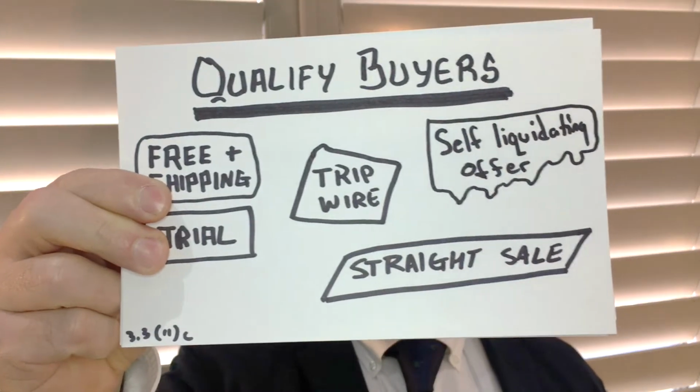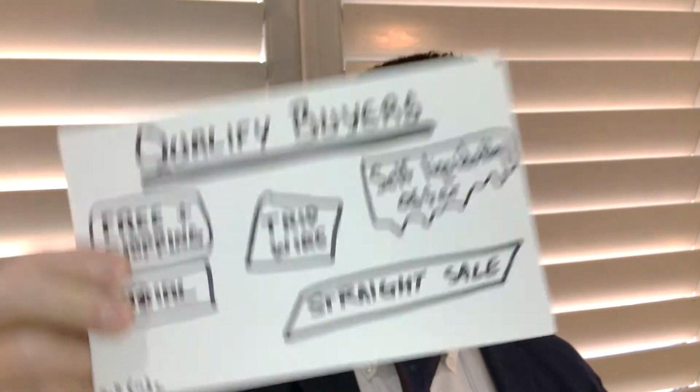Boom. So we want to qualify buyers in this phase by offering the free plus shipping. That's a fantastic one. A trial, 1 month for $1, and then automatically start to subscribe you after that. Tripwire is very similar, but imagine you had a 12-unit course, and you're providing one of those courses for a super discount, like 97% off.